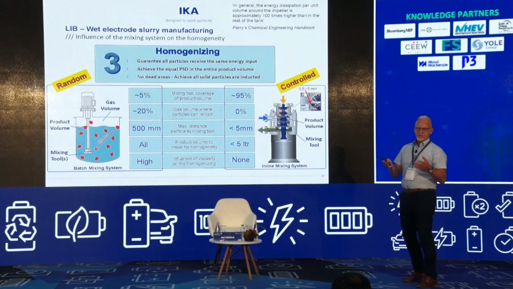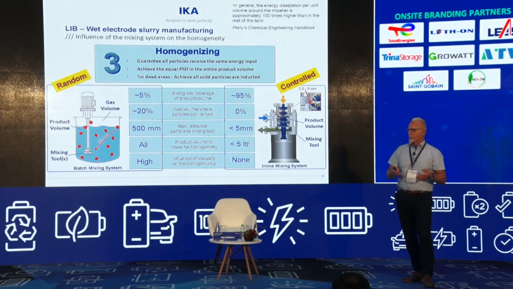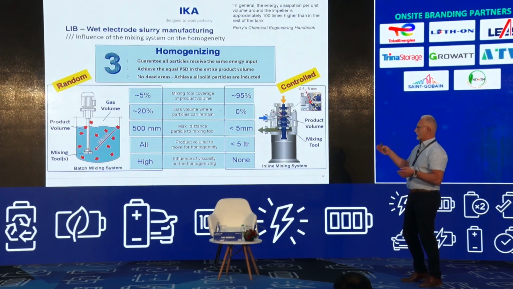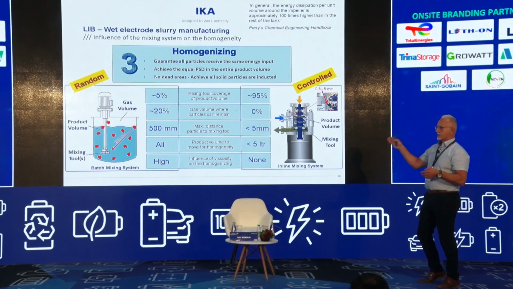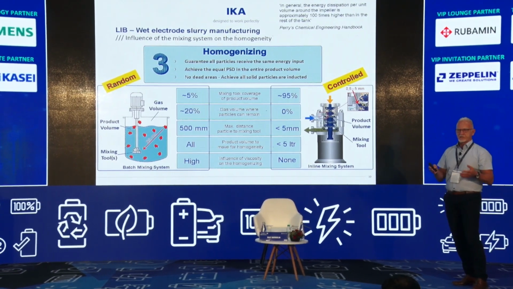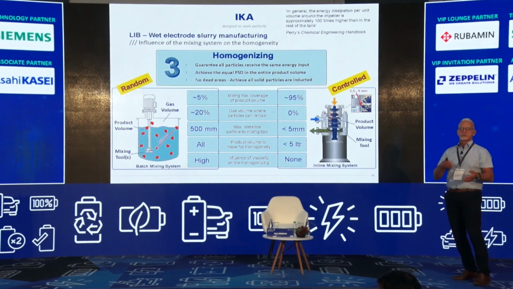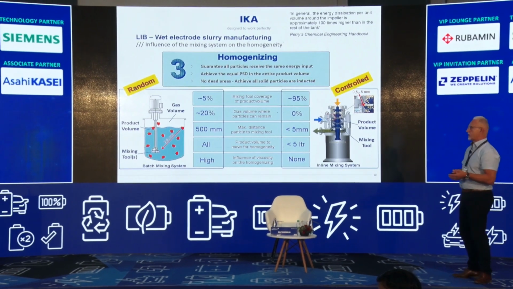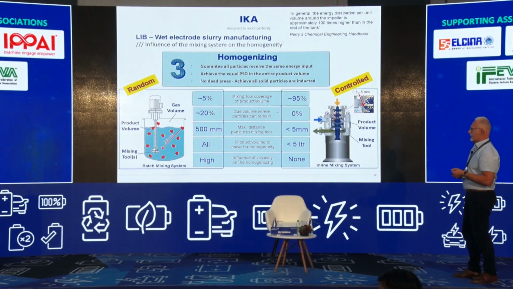When you imagine such a viscous slurry, it's very hard for all the particles to really go there. It's a matter of accident, it's a random operation. So you need a long time to be sure the particles are passing the mixing tool and are well dispersed.